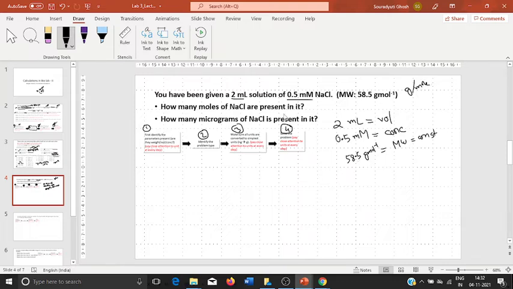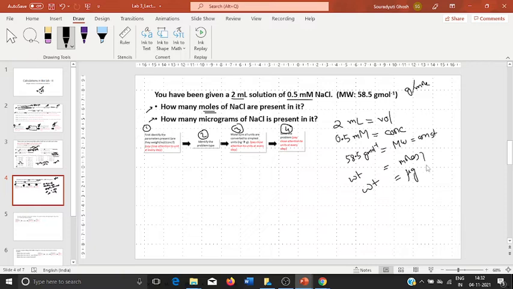Now, how many moles of NaCl are present? This is your problem statement, right? Moles, if you look up, is weight. The second problem statement, how many micrograms are present in it? Micrograms or grams are also weight.